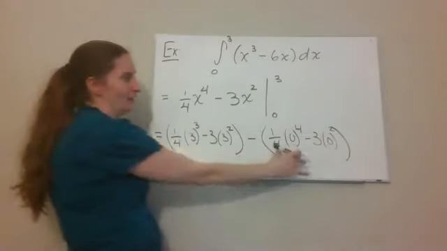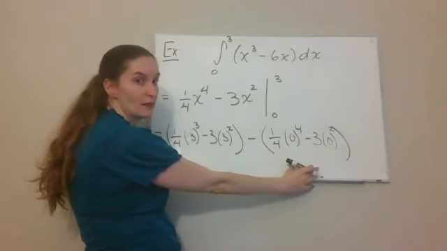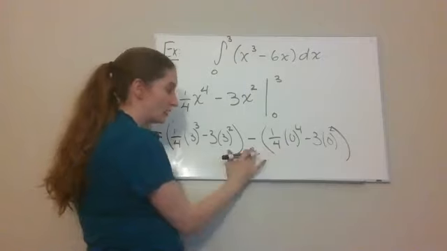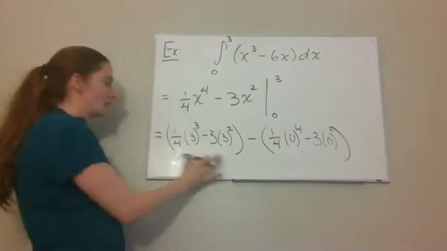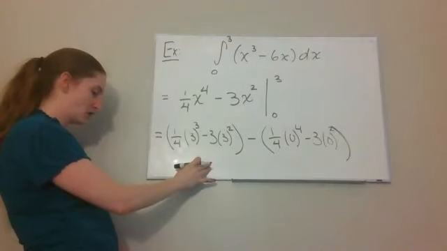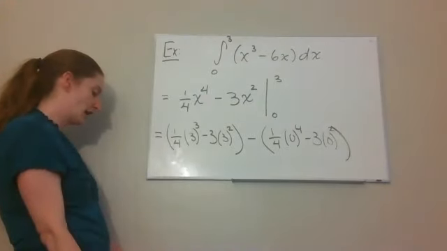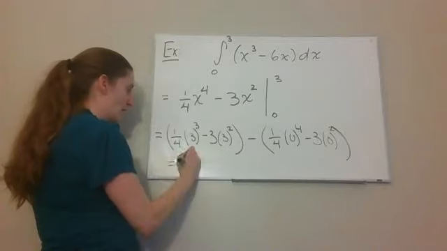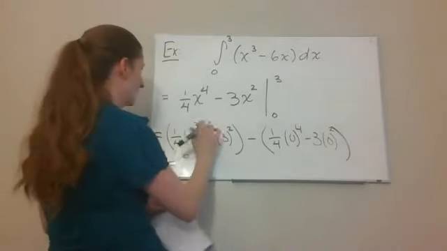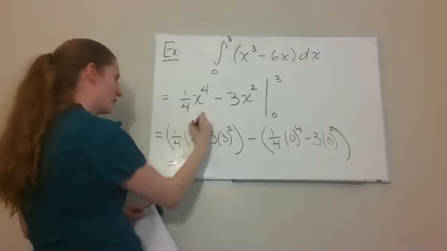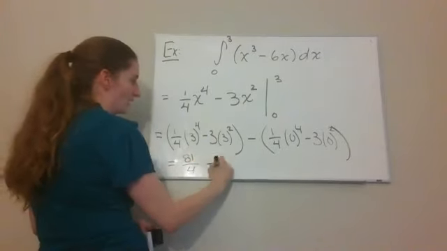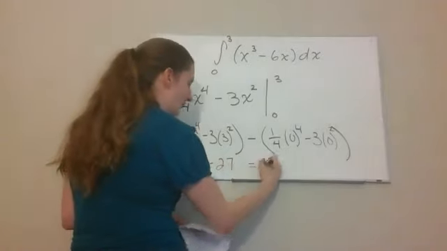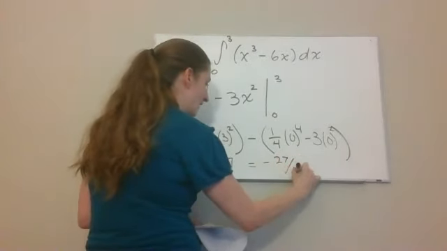Now, everything in this second set of parentheses actually ends up being 0. So I didn't have to worry too much about the subtraction because it's just going to be a 0 over there. So I just have to simplify this guy to finish it up. And what I will get is 81. Oh, this should be a 4th power. There. 81 over 4 minus 27, which when I simplify is negative 27 over 4.